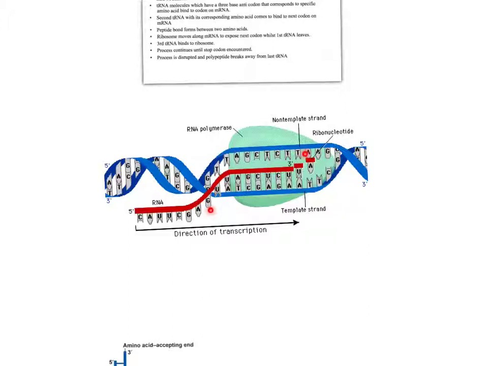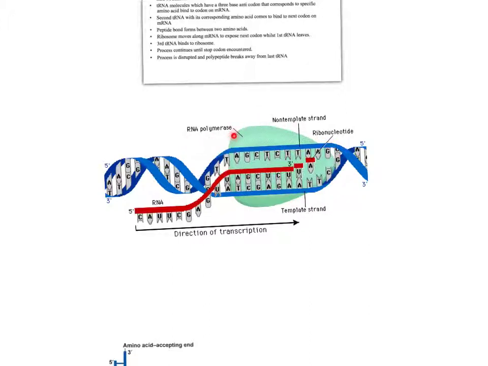So what happens is that an enzyme called RNA polymerase, not to be confused with DNA polymerase, which you studied at AS, which is the enzyme which catalyzes the replication of DNA. Okay, this is something different. This is called RNA polymerase.